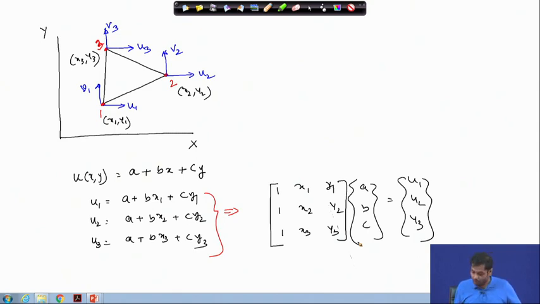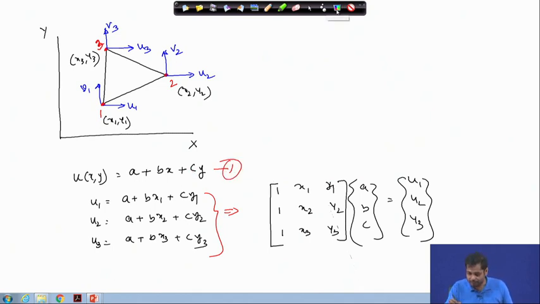Now, once we calculate this a, b, c and substitute it in equation number 1, then what will happen?